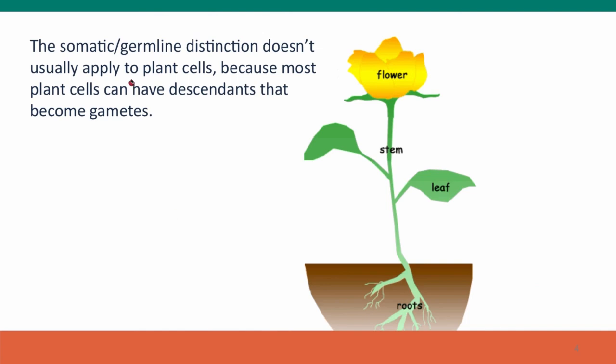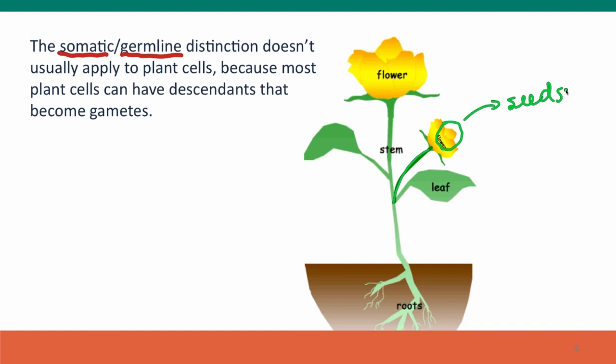Plants don't really have the distinction between somatic cells and germline cells because most plant cells can have descendants that will become gametes. For example, if we were to cut the flower off, or in many plants just in normal development, new flower tissue will arise from what was stem and leaf tissue, and that flower tissue will produce the flower's gametes, the pollen and the ovules, that will give rise to seeds, to the next generation.